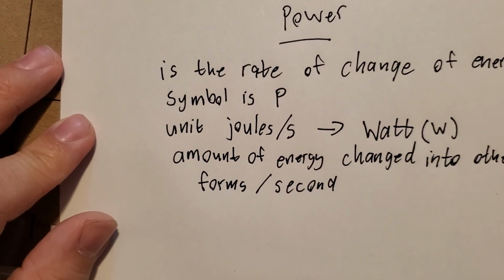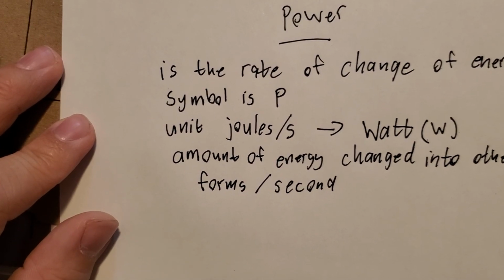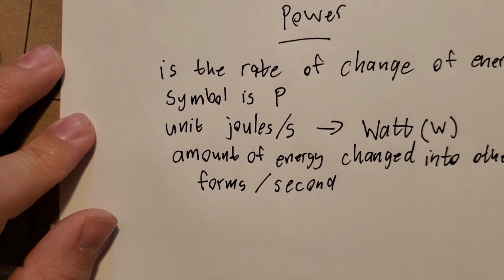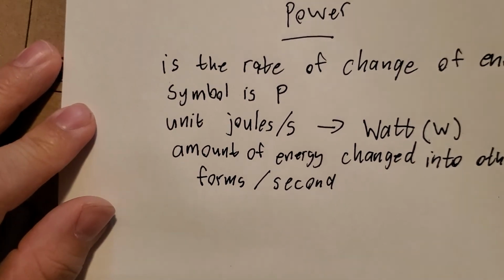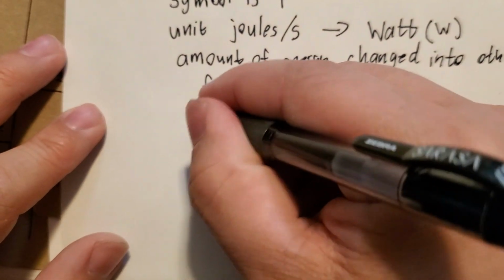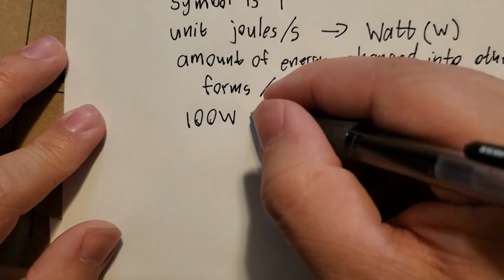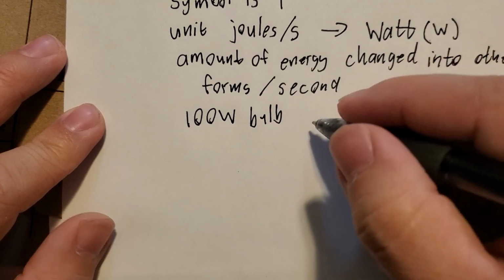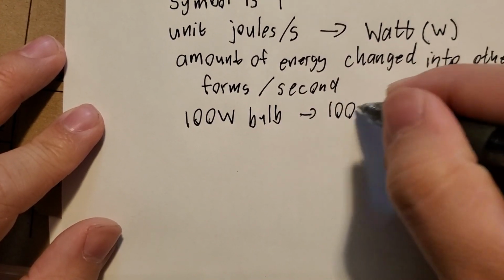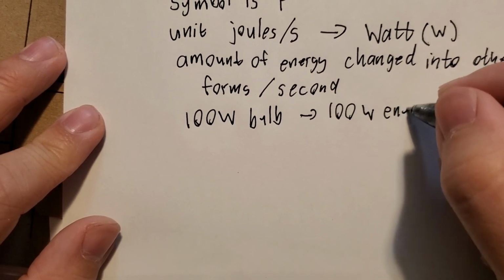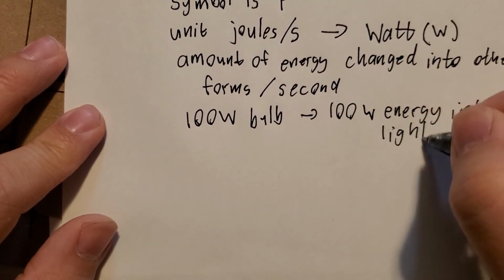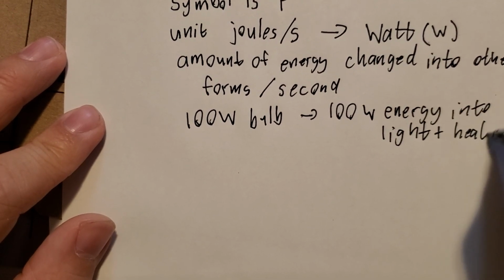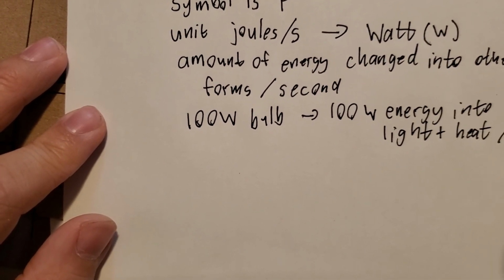So, for example, with a light bulb, this is how much energy is being transformed from electrical energy into light or heat every second. An example would be if you had a 100-watt bulb, that means it changes 100 joules of energy into light and heat per second. You do get both.